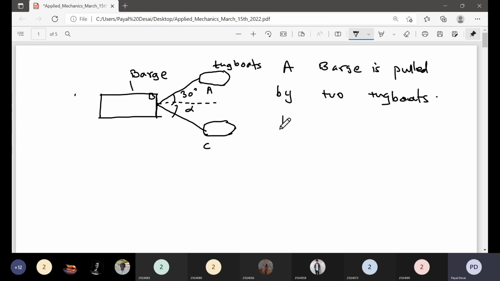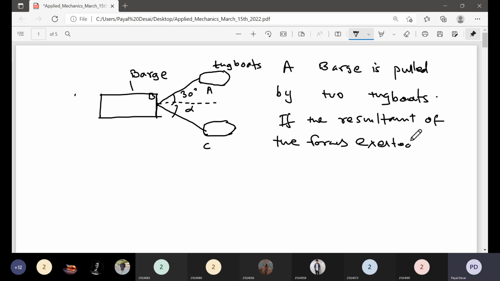If the resultant of the force exerted by the tugboats is 25 kilonewton.